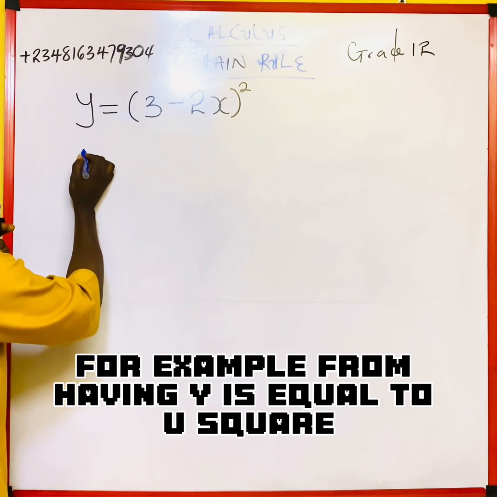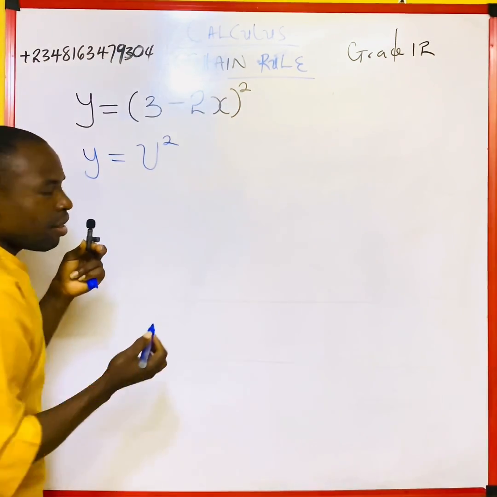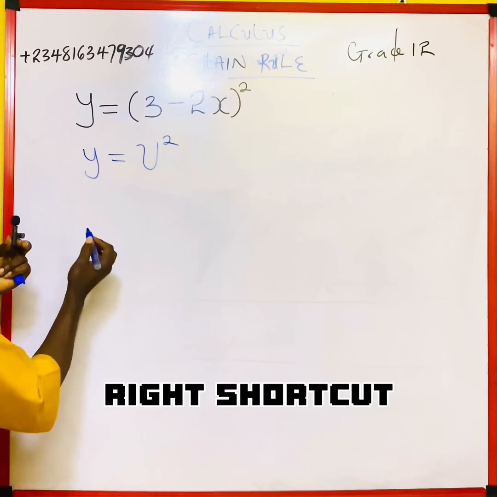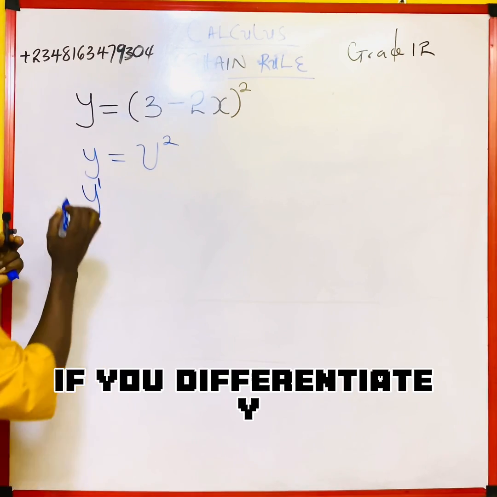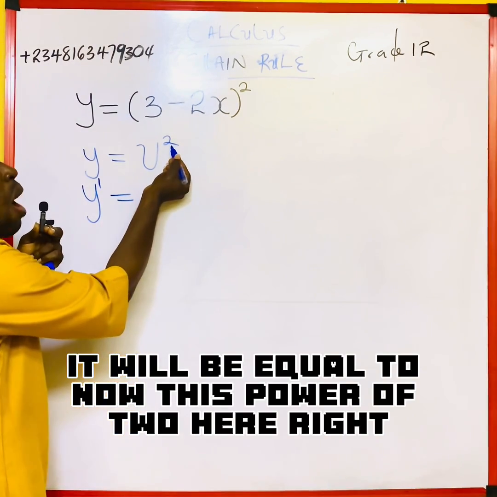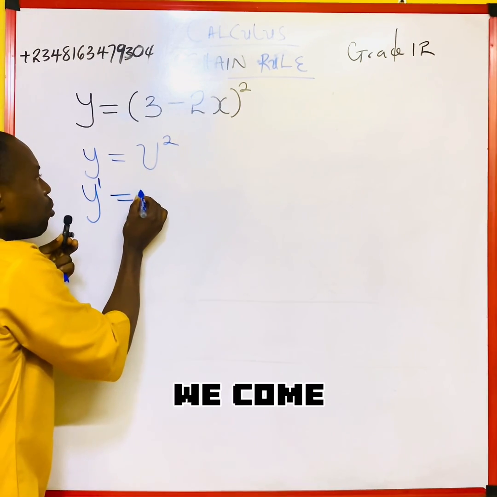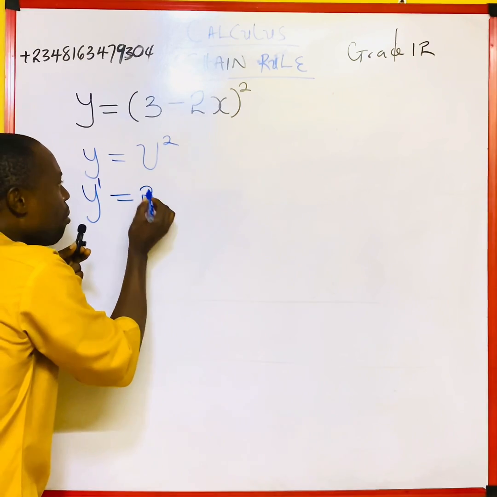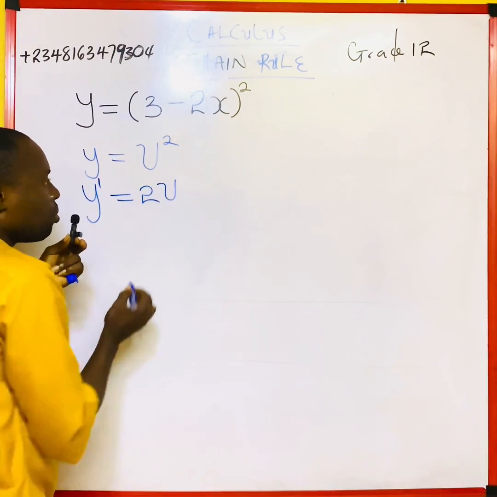For example, if I'm having y is equal to u squared, right? Shortcut. If you differentiate y, it will be equal to, now this power of 2 here will come as the coefficient. Then you put u.